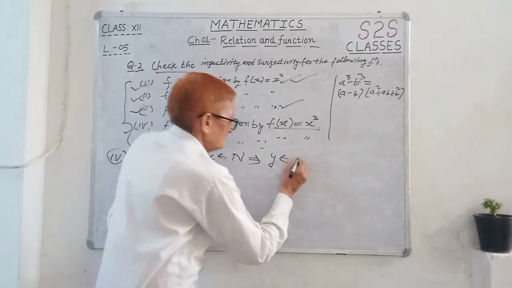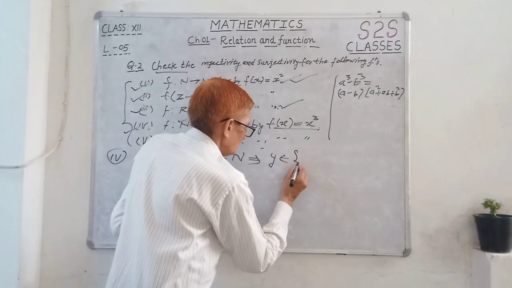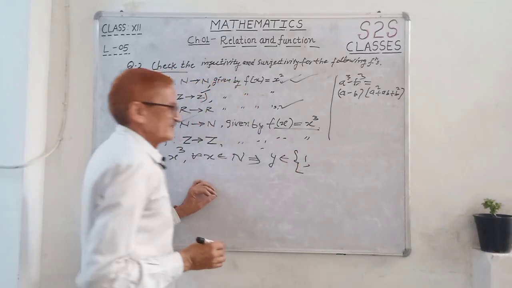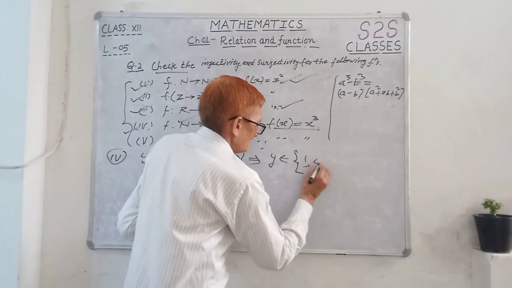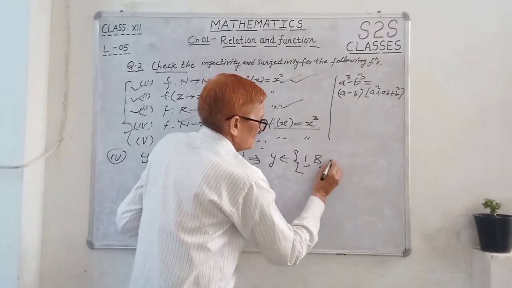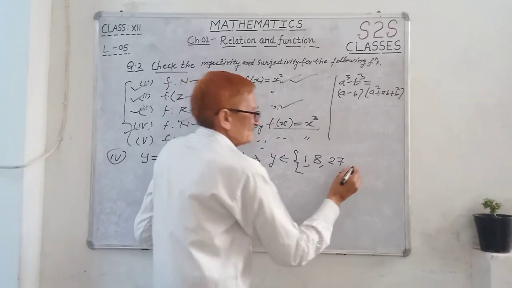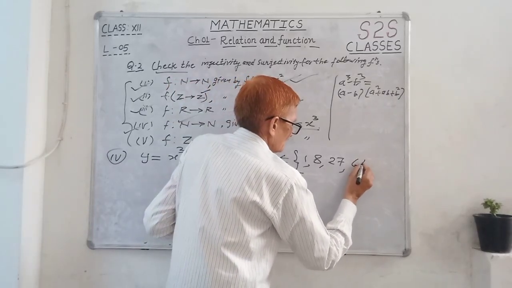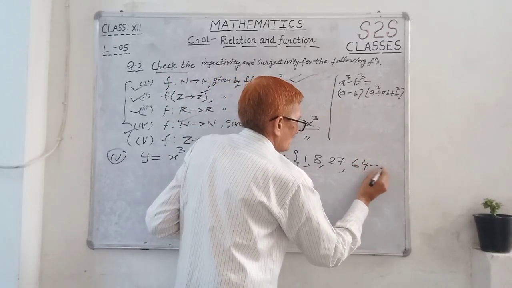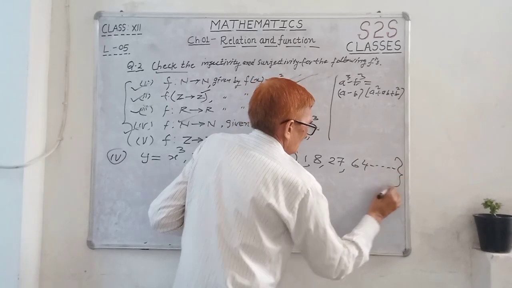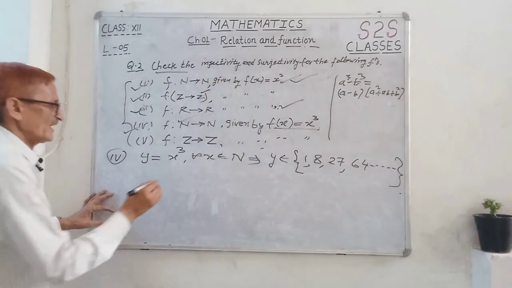1 cube is 1, and 2 cube is 8, 3 cube is 27, 4 cube is 64 and so on. This will be the y. So y means range.